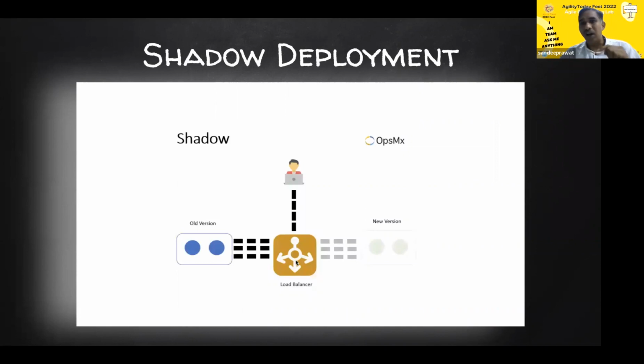The only difference, Charu, between shadowing and rolling is that in rolling, let's say I had some issue in the new version, right? So take this example. In rolling, you had a previous server, you had a new server. You created a new server, you didn't validate whether the new server is handling any request or not, and you deleted the old server, and then it started taking the requests.